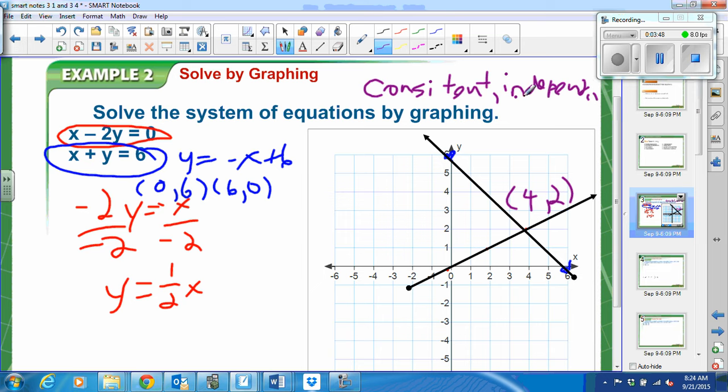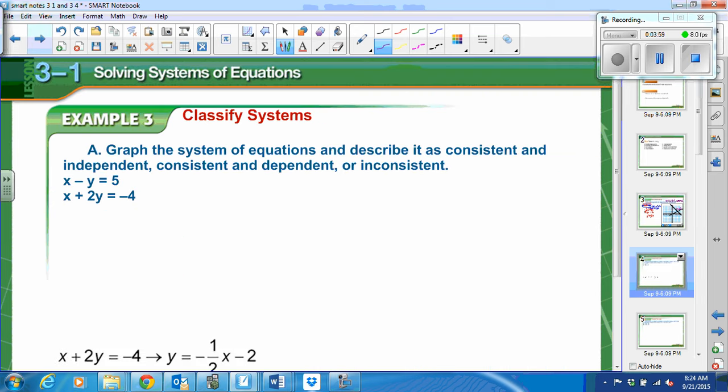Consistent basically means it has at least one solution, and independent means that there is one solution when we're talking about systems of linear equations. Okay, graph a system of equations and describe it as consistent and independent, consistent and dependent, or inconsistent.